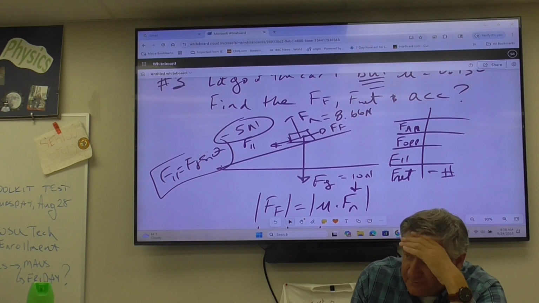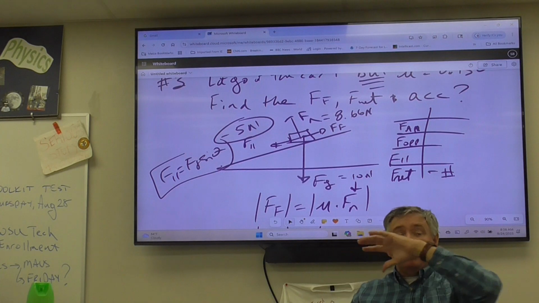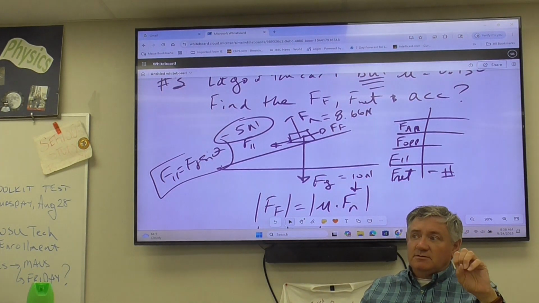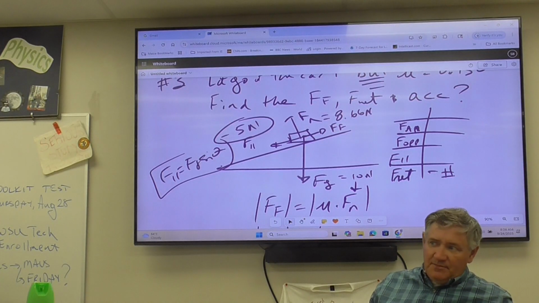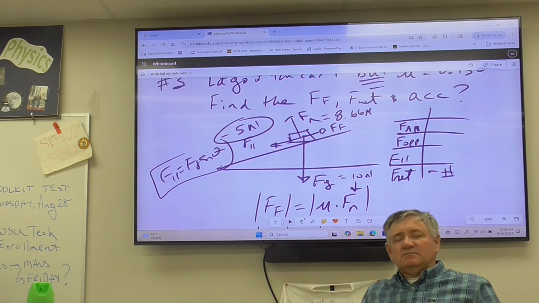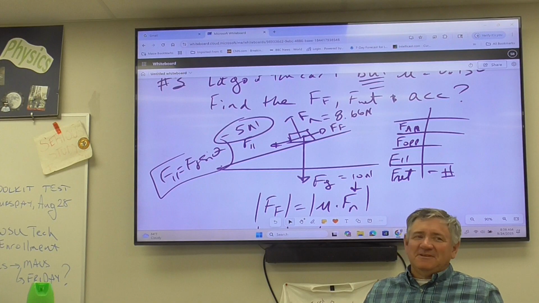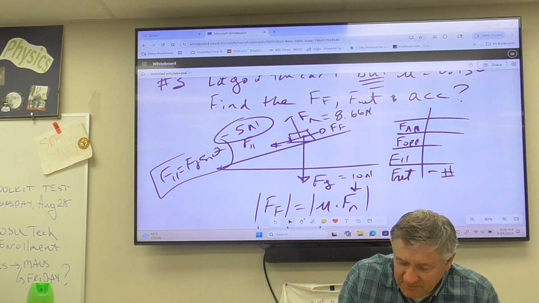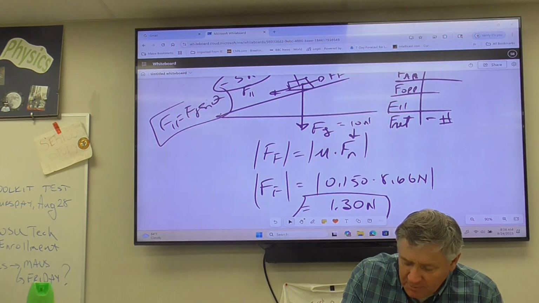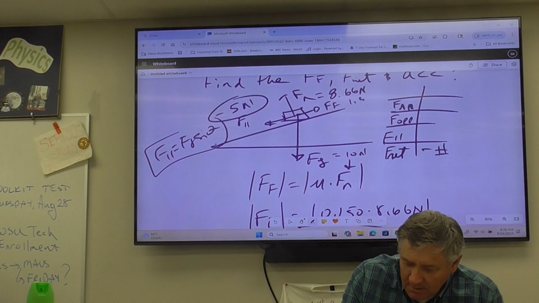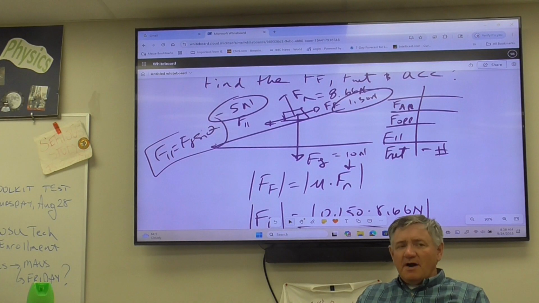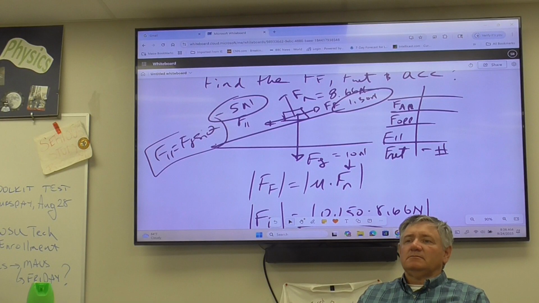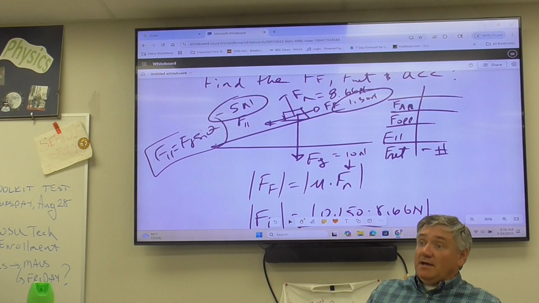The frictional mafia, remember, always acts in the opposite direction of motion. So the gravity mafia is trying to slide this thing down the hill. The frictional mafia is going, we don't want you to go. So that force friction was what, 1.30? So who's going to win? The gravity mafia or the frictional mafia? Gravity, because that's bigger, right?